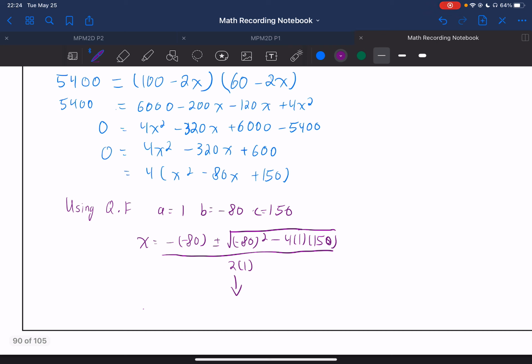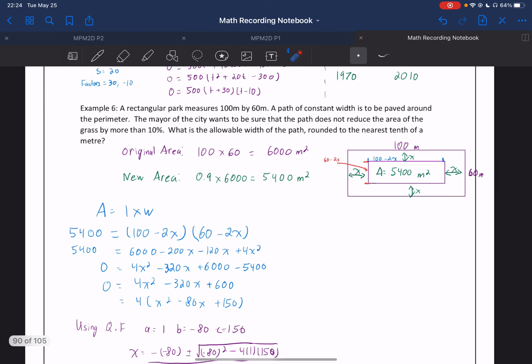And you go and do that lovely equation, and we're going to get x1 is equal to 78.08, and our x2 is equal to 1.92. Okay, looking at this x equaling 78.08, is that going to work?